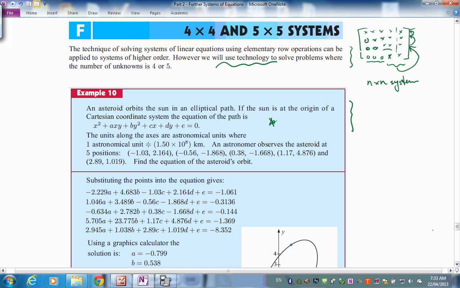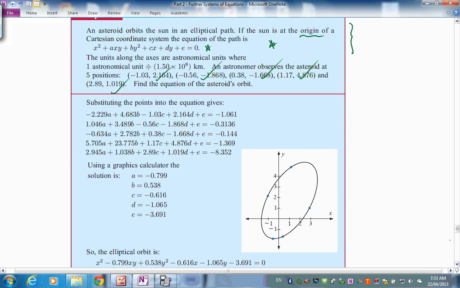If you're into astronomy, have you got a telescope? No, well, bad luck. If you're into astronomy, you could use this general form for the ellipse now, and if the sun is at the origin, so we're looking at planets around the sun now, then if you observed on some grid system that these were the positions of the asteroid at certain times, then you could put those x and y values in and create a system of equations here.